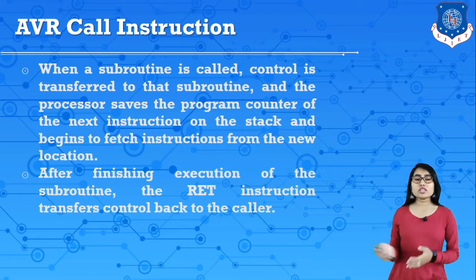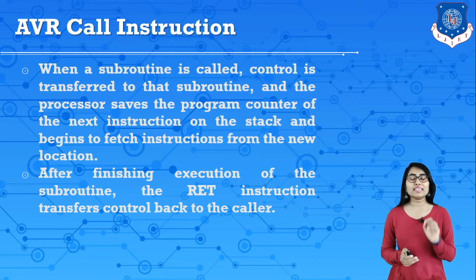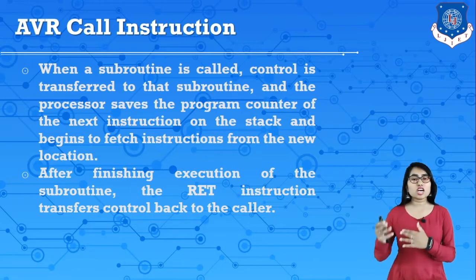After finishing execution of the subroutine, there is a RET, return instruction, for control to go back to the caller. So after the subroutine, there is a compulsory instruction, that is return.